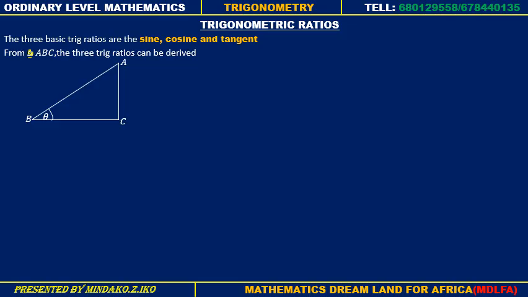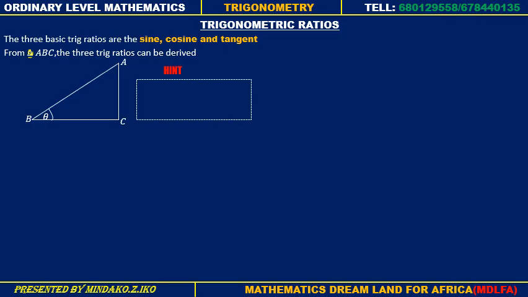From these three trigonometric ratios, we can derive the other ones like the cosecant, the secant and the cotangent. Let's just look at these three basics for this video. I have some hints to give you about this triangle.